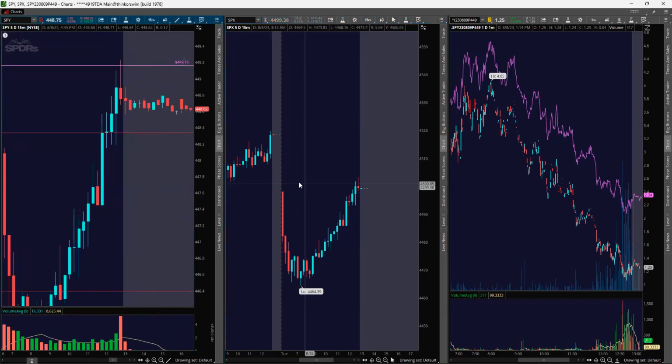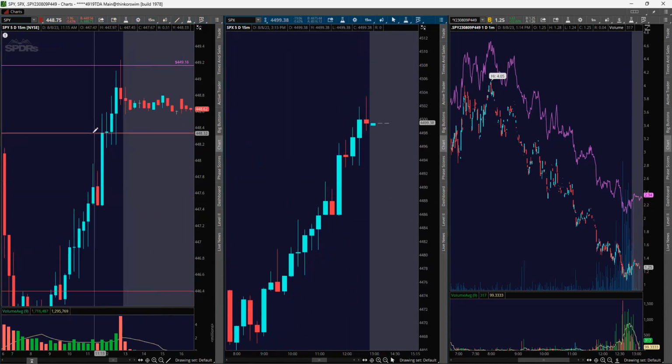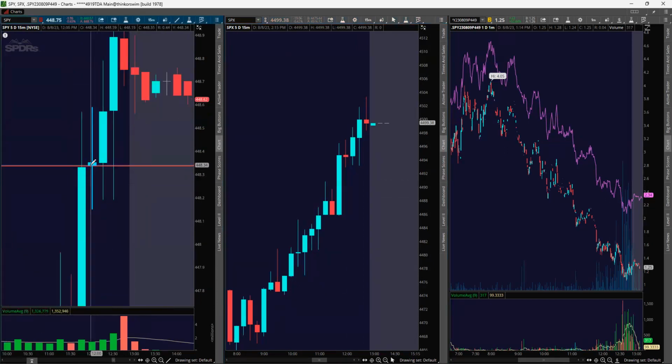I'm looking at the 15-minute chart on both. And at noon, so 12 PST, on the SPY chart, it would appear as though we have a little bit of bullish momentum on this doji candle, whereas on the SPX chart, for the exact same time period, it is not reflecting the same way. So that looks bearish versus bullish.